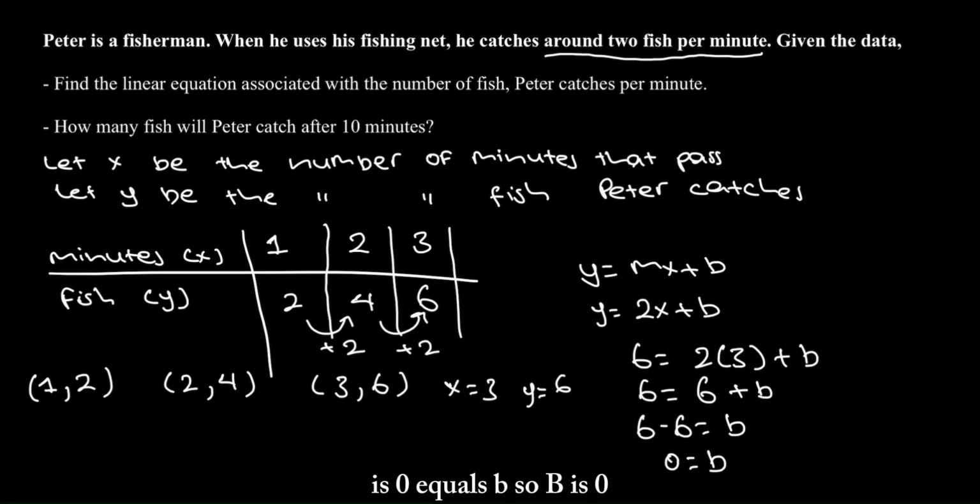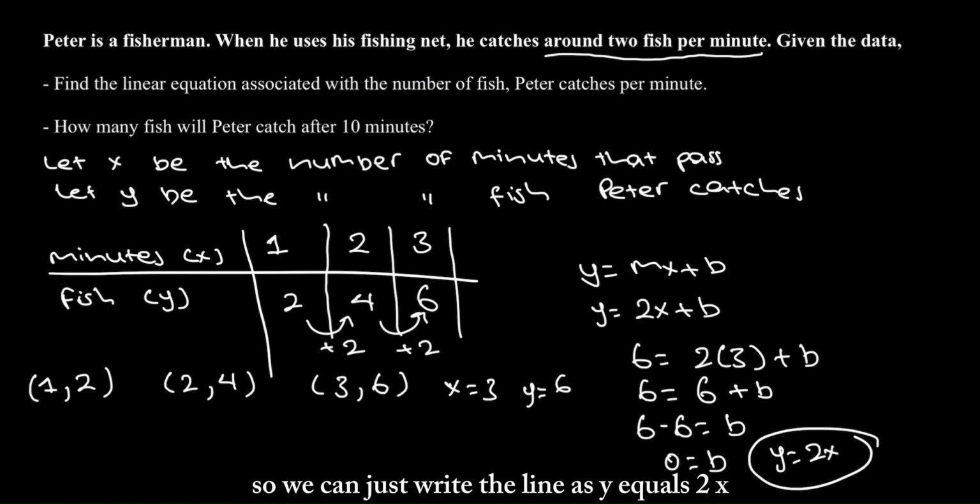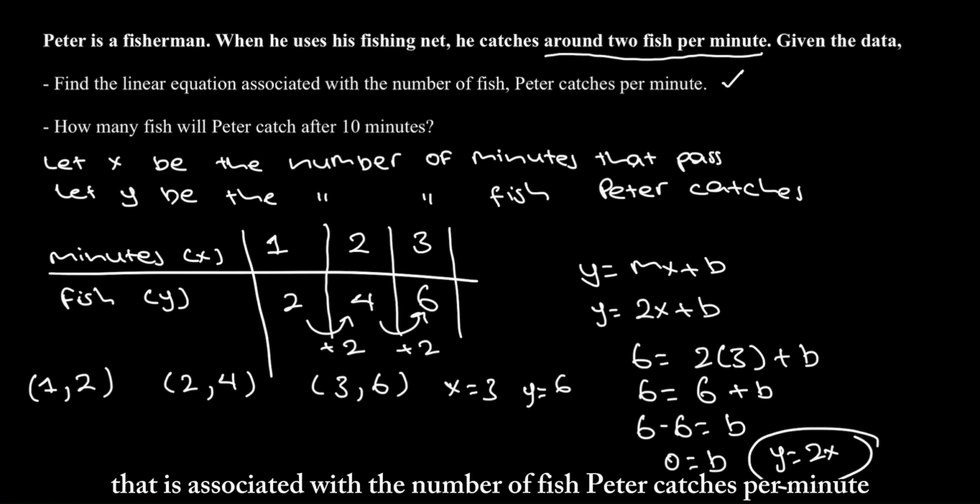So b is 0. Our line will be y equals 2x plus 0. However, it is unnecessary to write plus 0, so we can just write the line as y equals 2x. We have therefore found the linear equation that is associated with the number of fish Peter catches per minute.